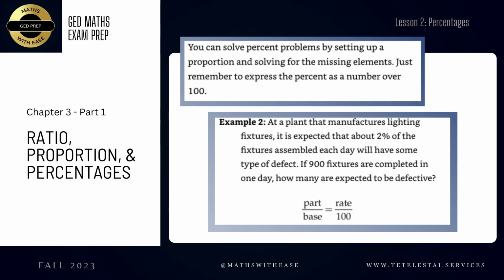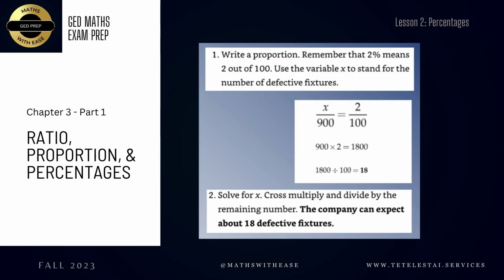And now we can proceed, because what do we do when we see X on one side of our equation, either on this side or the other? We cross multiply and then we isolate, right? So you would cross multiply: 900 times 2 is 1800, 100 times x is 100x. And then you isolate x by dividing both sides by 100. Okay, 100 divided by 100 cancels each other out.